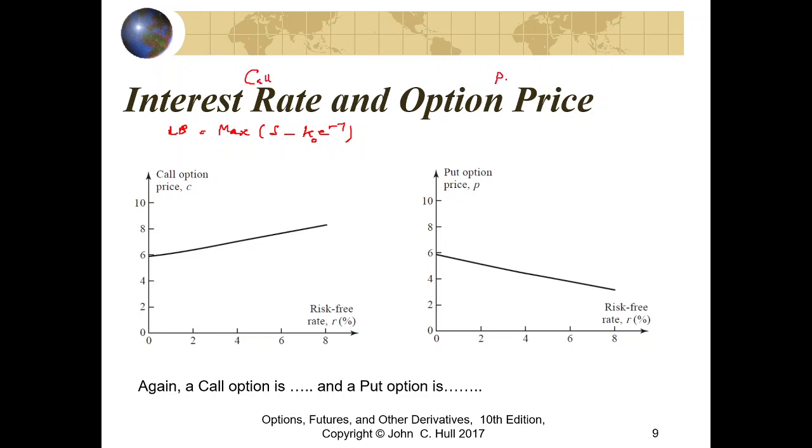How about a put? For the put, the lower bound is the maximum between K times e to the power of minus RT minus S, or 0. We are missing here the 0.